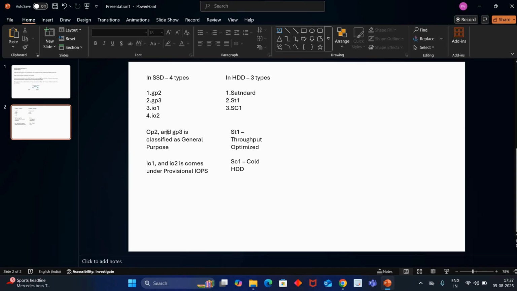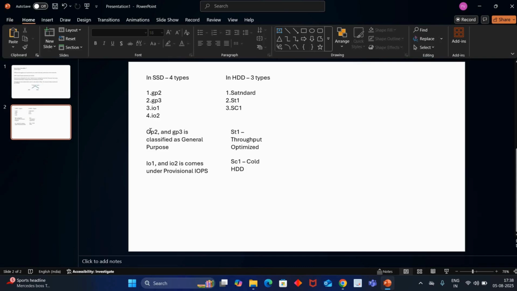For IO1 and IO2, if we need high performance at the organization level, like a high-performance web server, we can choose IO1 and IO2.